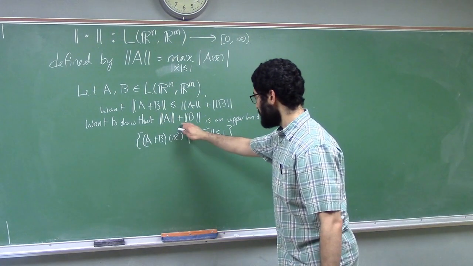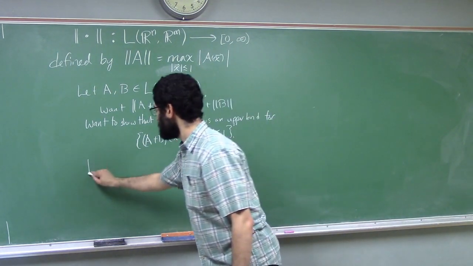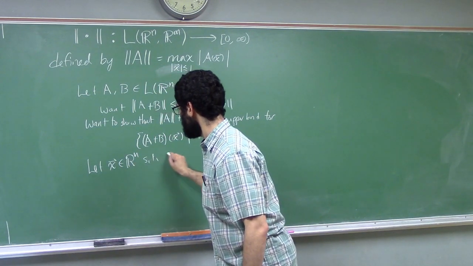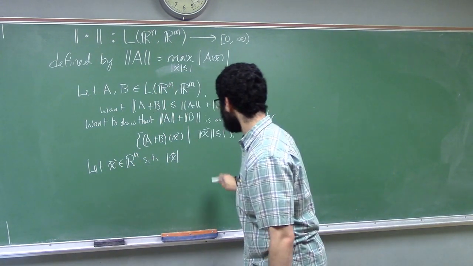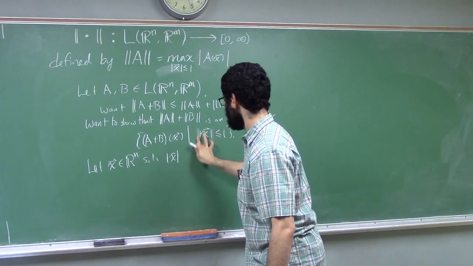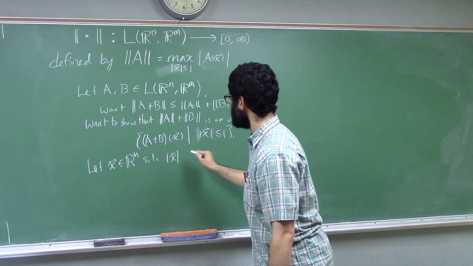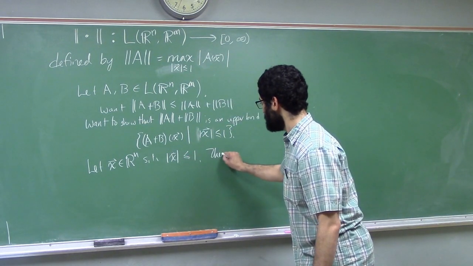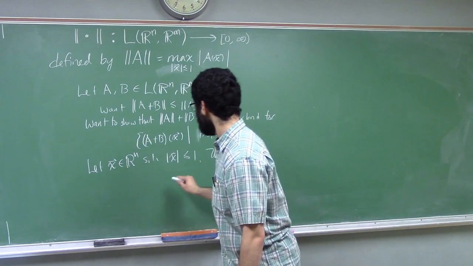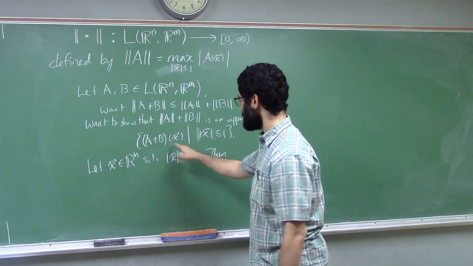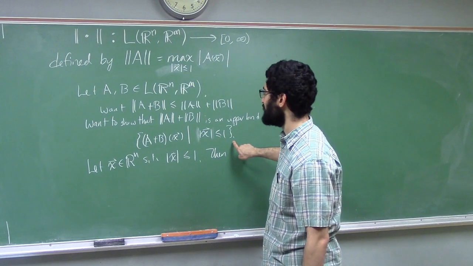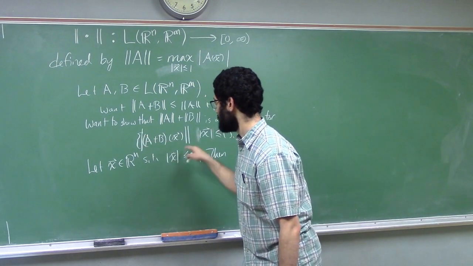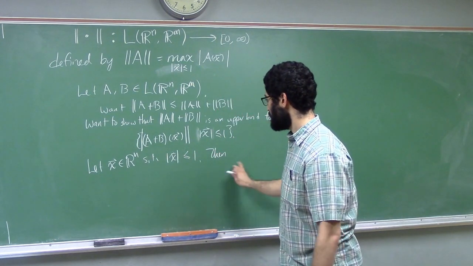To verify that it's an upper bound, fix X in the unit ball. So let X be in Rn such that the norm of X, here I've been using single bars, is less than or equal to 1. Actually, the set whose max I'm taking is not this set. This is a set of vectors in Rm. The set whose max I'm taking is the set of their lengths, their norms.